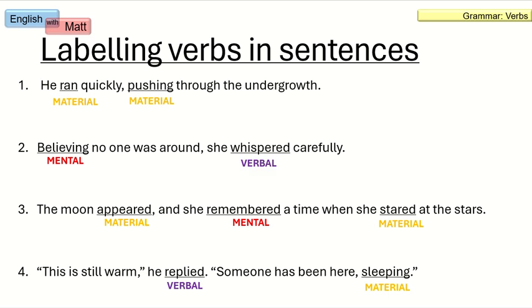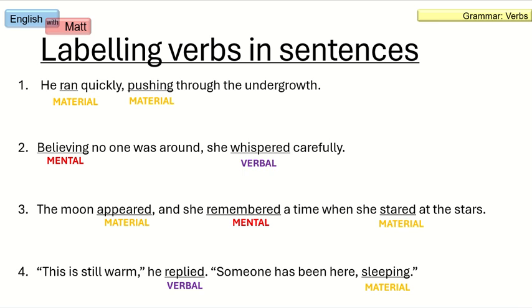And here we go. So we have the material verbs that I have put in orange font. These are words which have something to do with some kind of physical action or some kind of physical presence. We have a couple of mental verbs because they are to do with things that go on in our brains, believing and remembering.